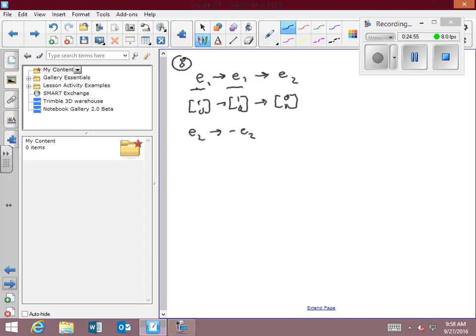So it's translating it, and you get a minus E1. So it's starting out with this identity E1. It's translating it into 0, minus 1. And then that's going back into a negative of E1. So it's a minus 1, 0.